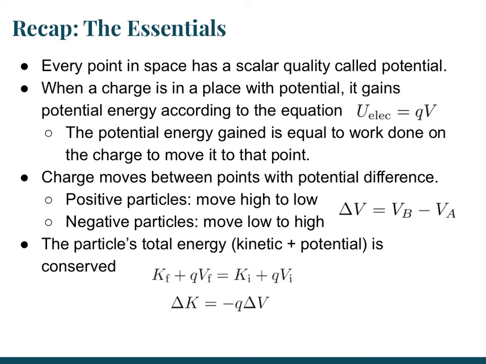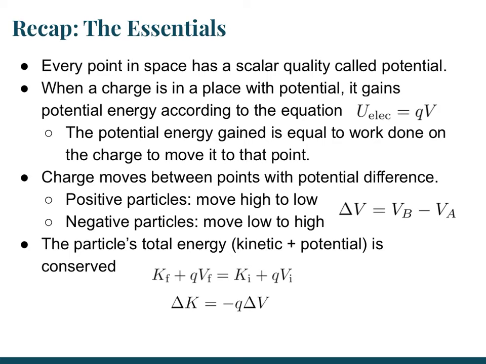So the big thing we learned is that every point in space has a quality called potential, and this potential is a quality of the space itself, not something in the space, and it's a scalar. It's just a number. Now, if you place a charge in an area that has potential, it gets potential energy. So the potential energy is a property of the charge once you put it in that space.